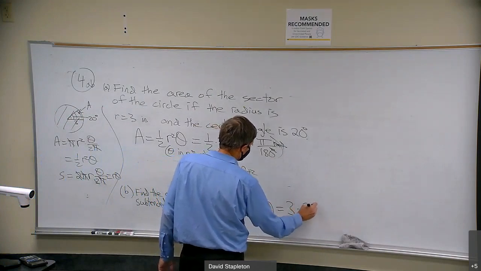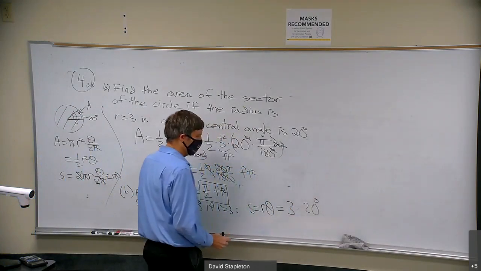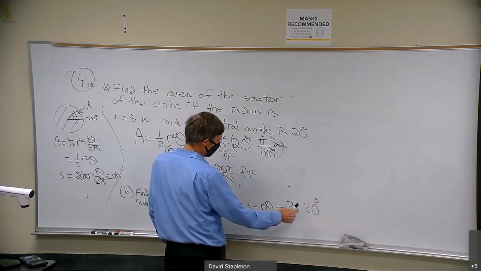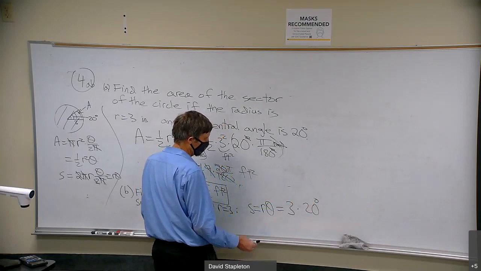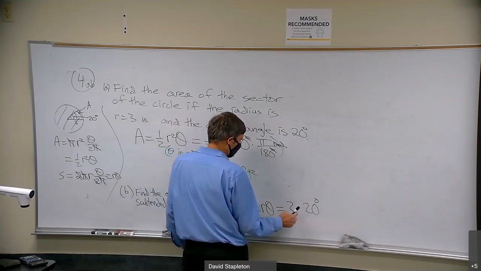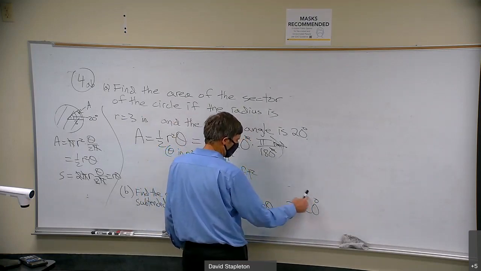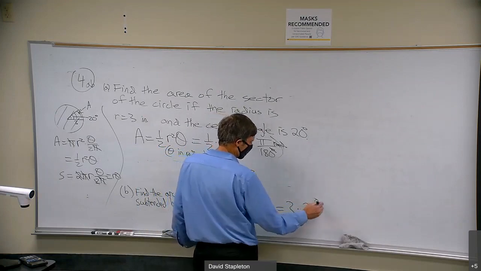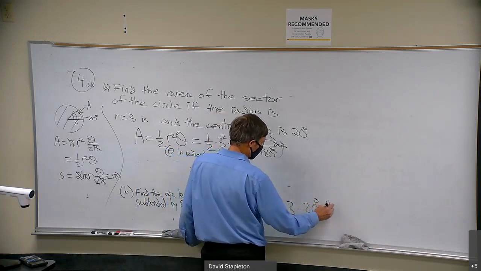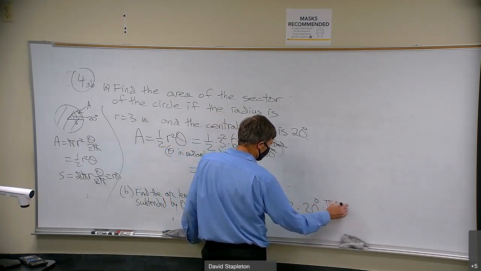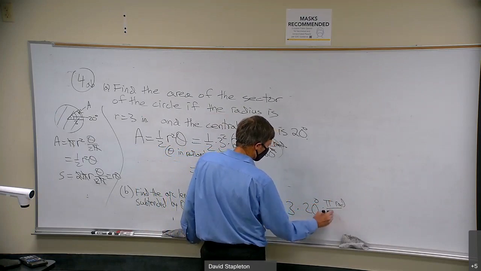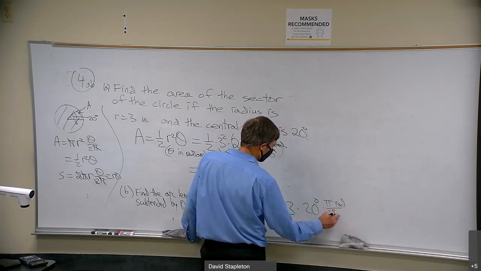S equals r theta, the easiest formula, is 3 inches times 20 degrees. And once again, it's in degrees, so your units will be feet degrees. That's not what you want. Well, if you put feet radians, and radians is unitless, you can drop it off and it'll just be feet. So we need to convert this to radians by multiplying by pi radians over 180 degrees.